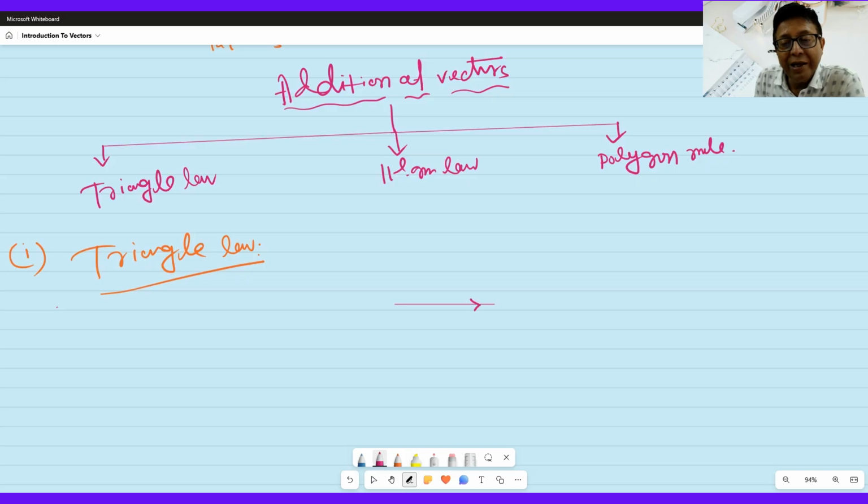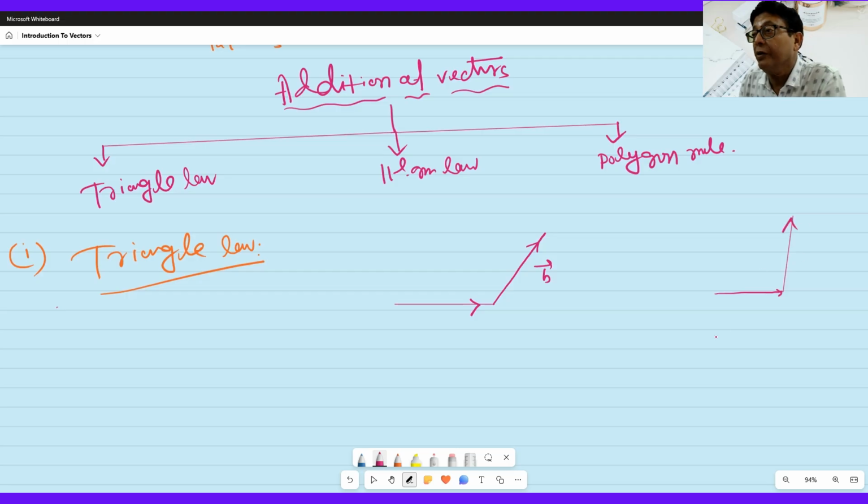One vector acting this way, second vector acting this way. The angle between two vectors. One thing I am telling you, these two vectors are not co-initial. One vector is going this way, and it is the finishing point of one, and this same point is the starting point for the other. This is vector A.